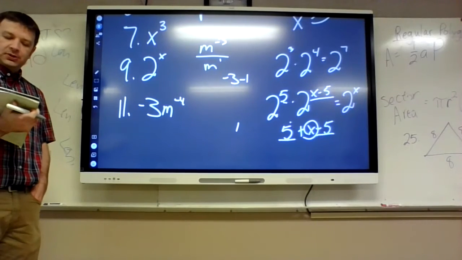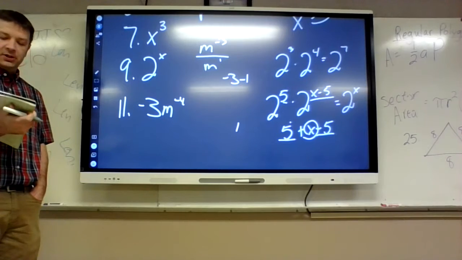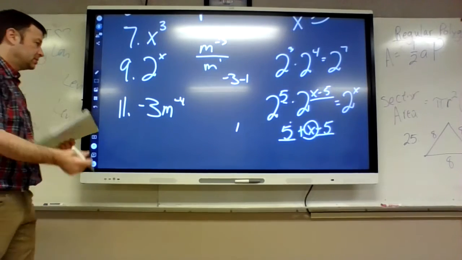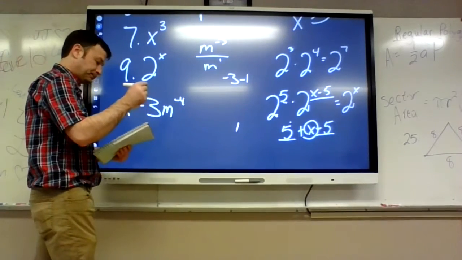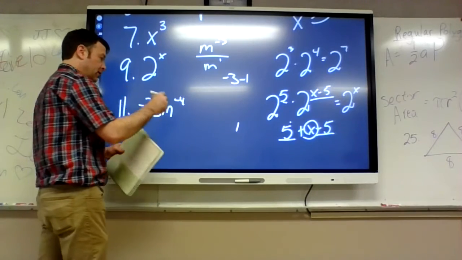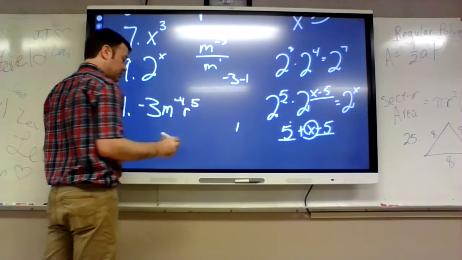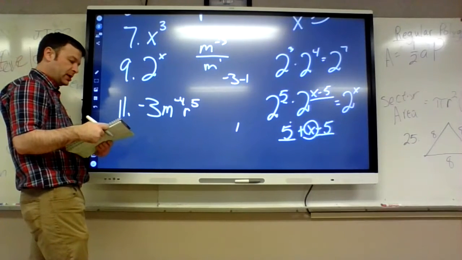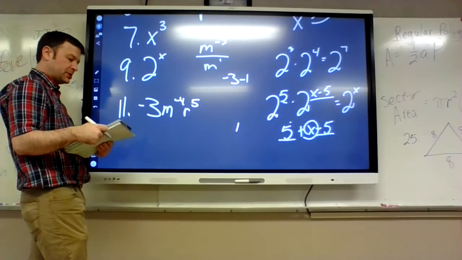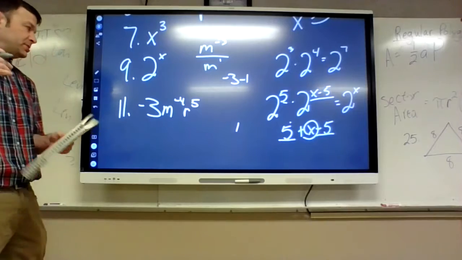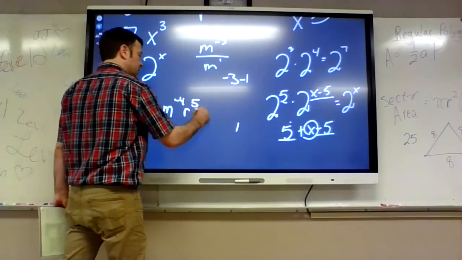Okay, and then what are we going to do with the r to the 7th? It's r to the 5th. Right? R to the 7th divided by r squared is r to the 5th. Just subtracting here. And the s's, so that would be negative 4 minus 2, which is negative 6.